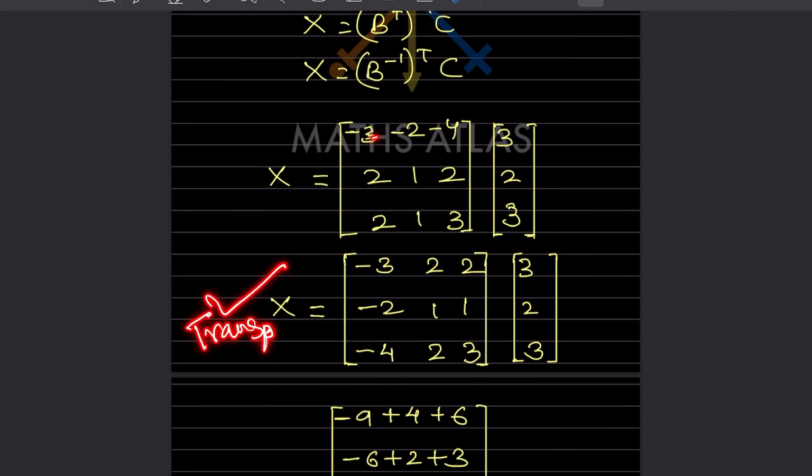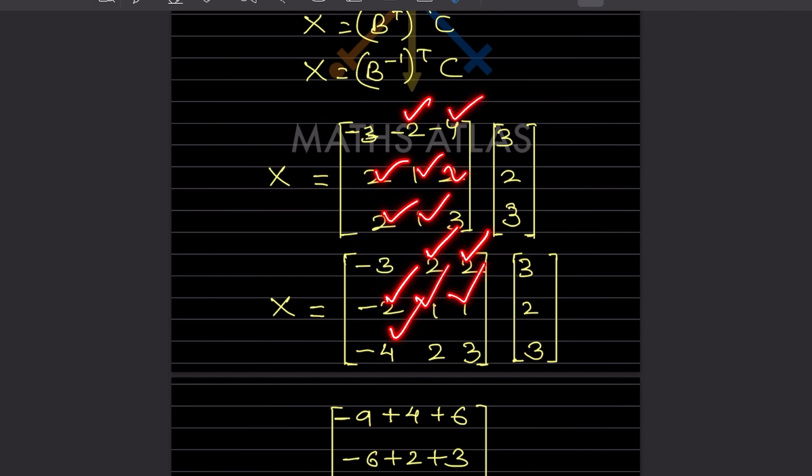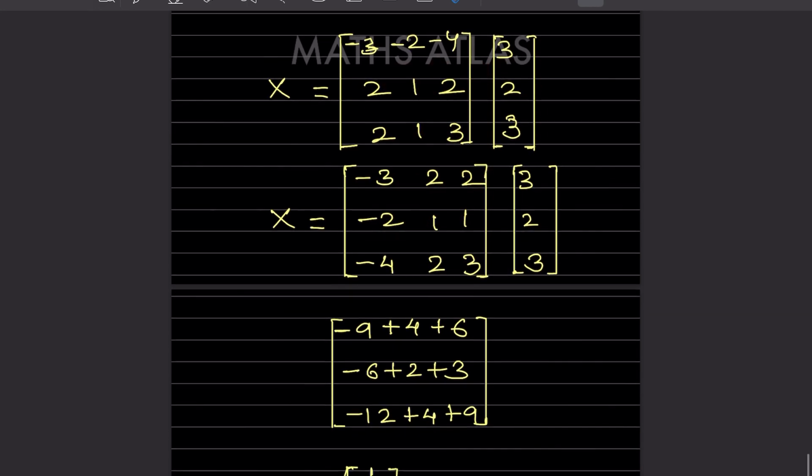Here 3, and this 2 will go here, this 2 will go here, because this is the transpose of it. So you can write x equals B inverse transpose. But if we are taking B inverse here, it is going to be minus 3 here. This 2 will go here, this will go here, and this will be the same. Hope you got it.